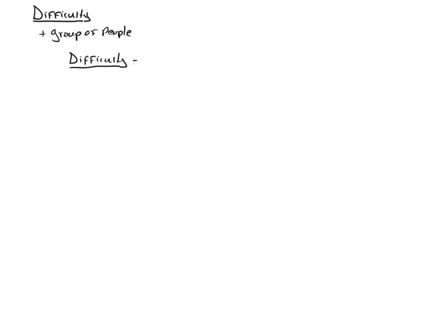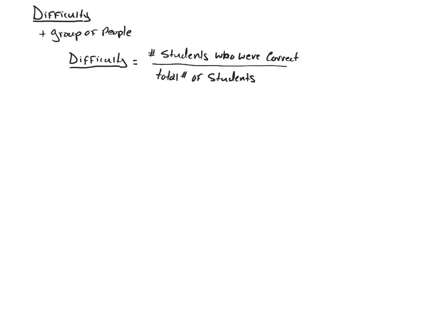And difficulty equals the number of students or candidates who got the answer correct, divided by the total number of students who were exposed to that item.